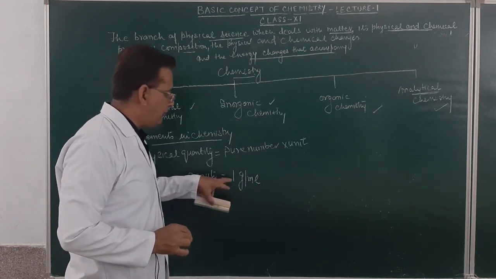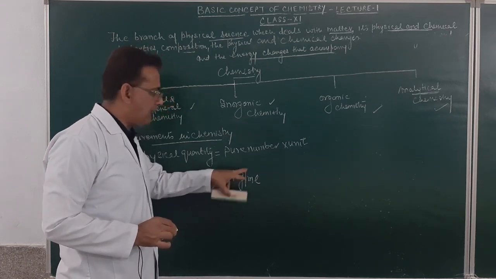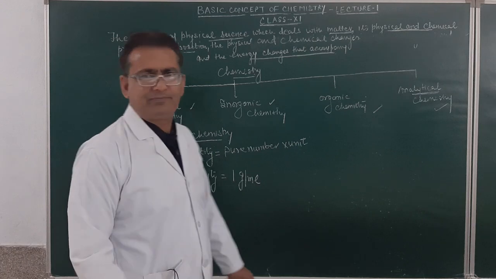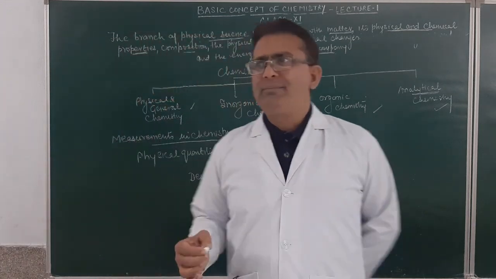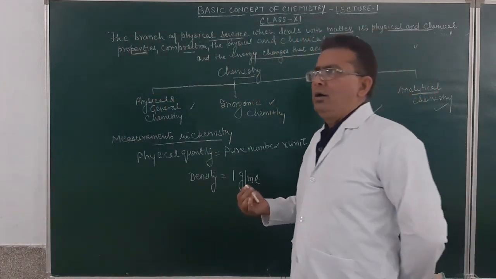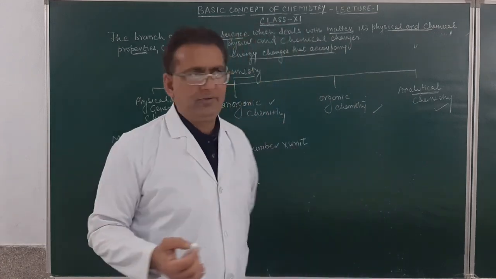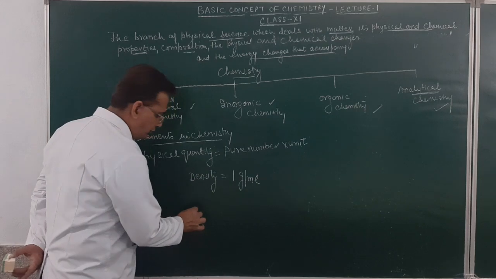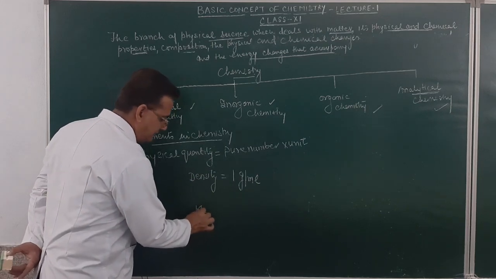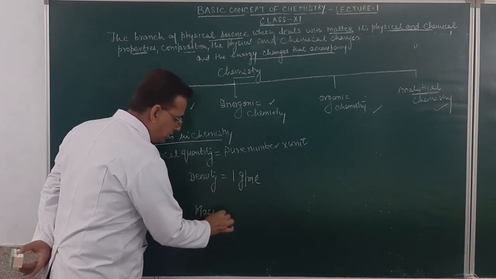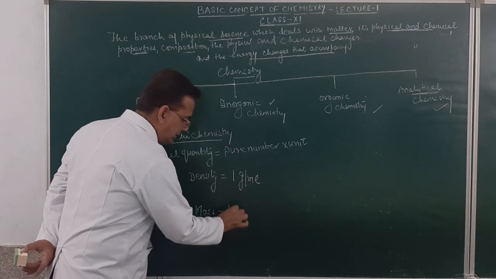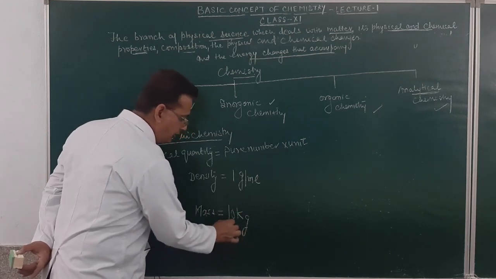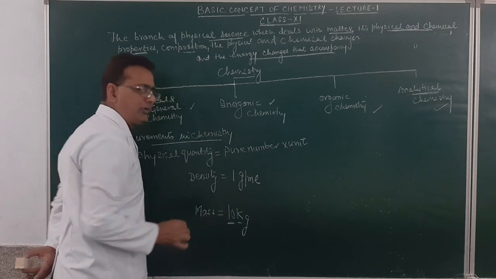So 1 is a pure number and gram per ml is the unit. Suppose we measure the amount or mass of a substance and write it as 10 kg. 10 is a pure number and kg is the unit.